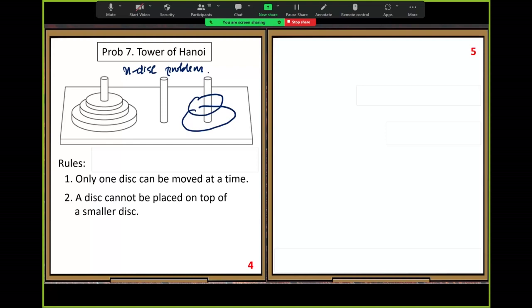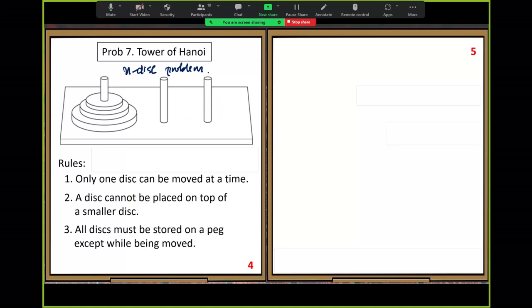The third rule, all disks must be stored on a peg except while being moved. So rule number 3 means, when you make moves, you are not allowed to put a disk on the table. Because if you are allowed to use the table, then we can arrange all our disks on the table. Then it's too easy to solve the puzzle problem.